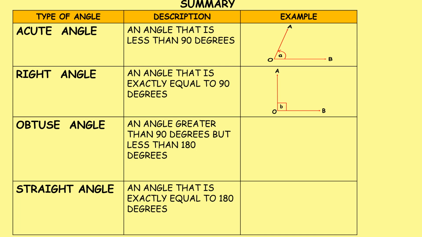Sometimes it's called a perpendicular angle. We look at the obtuse angle. Obtuse angles are angles greater than 90 degrees but less than 180 degrees. And then we look at the straight line angle, which is simply 180 degrees.